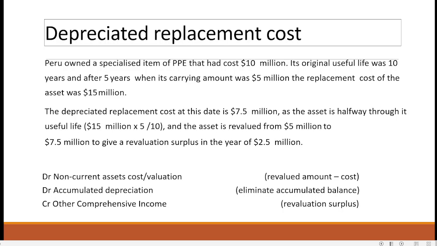So what we will do is we debit the non-current asset, the revalued amount minus the cost, 2.5 million, and debit the accumulated depreciation, because we will eliminate whatever is the value. So that will be gone, and we credit the comprehensive income. So a revaluation surplus will be created.